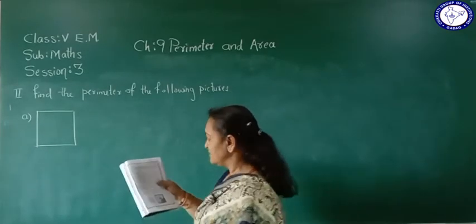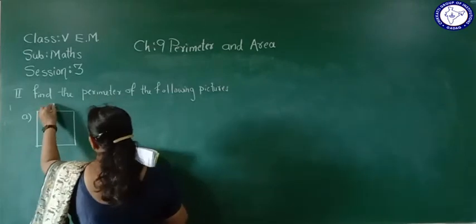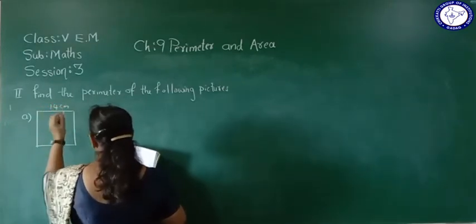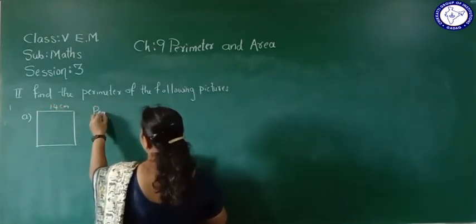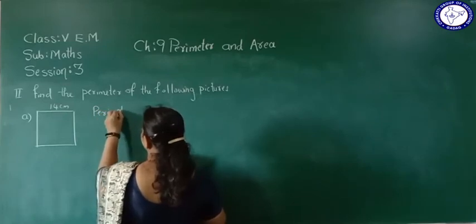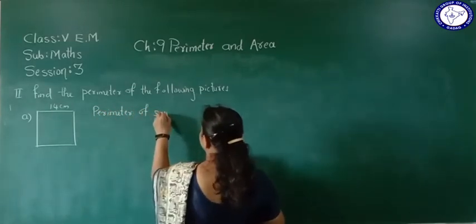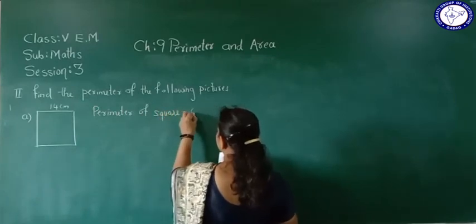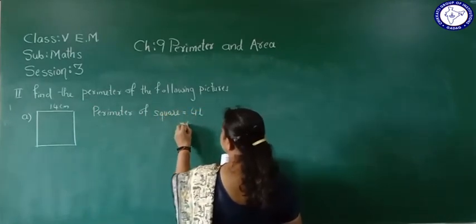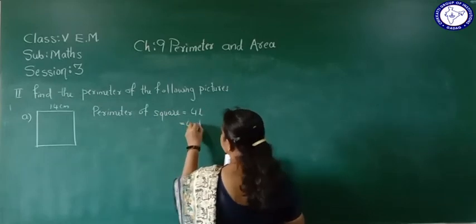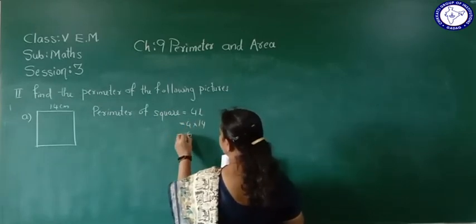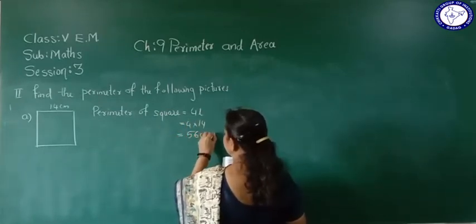So here this CD cover is of 14 centimeters. Then the perimeter of a square is equal to 4L, which is equal to 4 into 14, 4 14s are 56 centimeters.